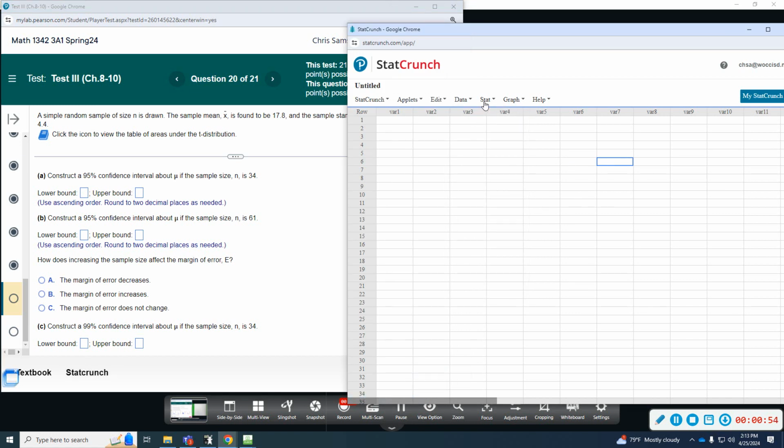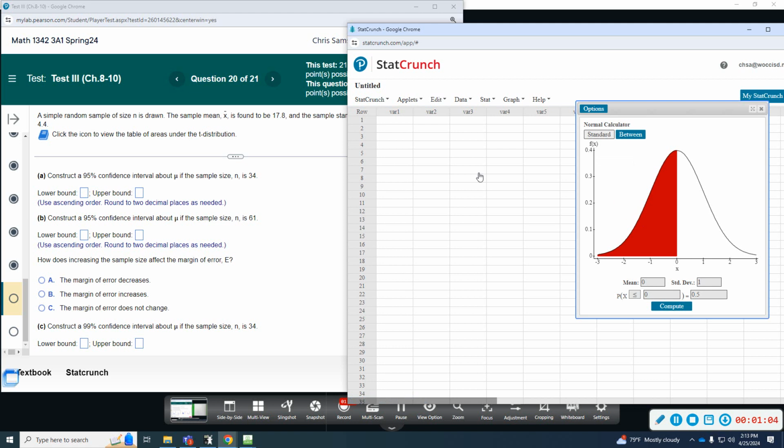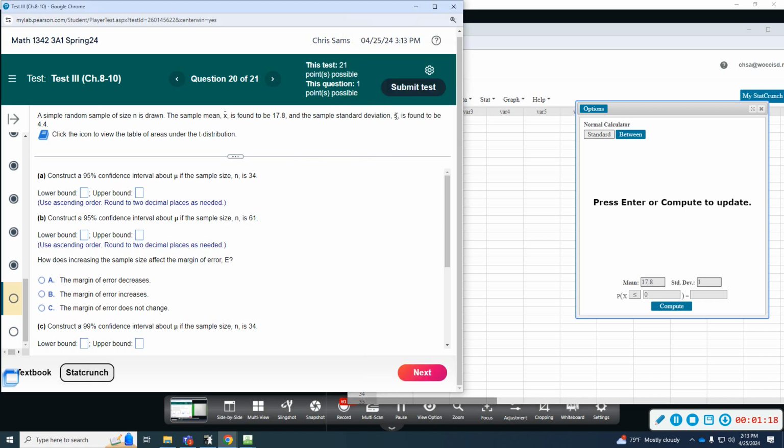Since the sample size is big enough, we can use the normal approximation. The mean is 17.8, and the standard deviation s is divided by the square root of n.